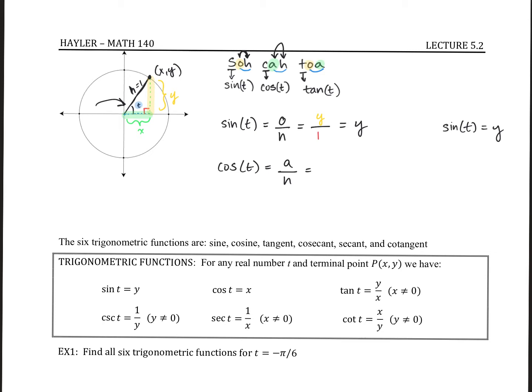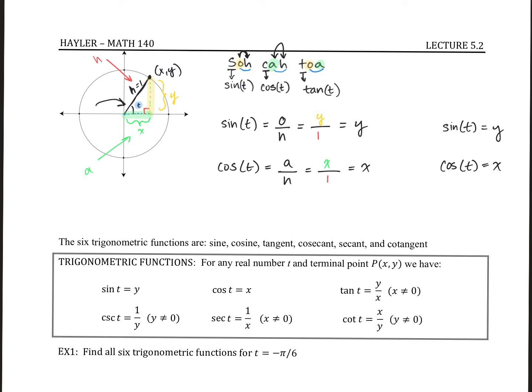So that's x over the hypotenuse, which we said before was 1, and that simplifies to x. Awesome. So cosine of t is equal to x.